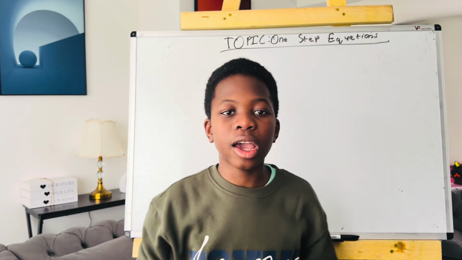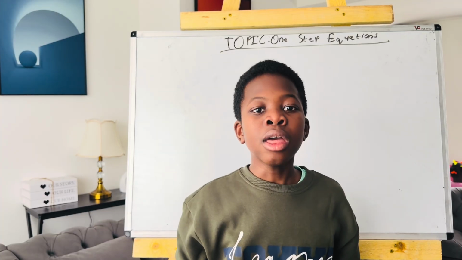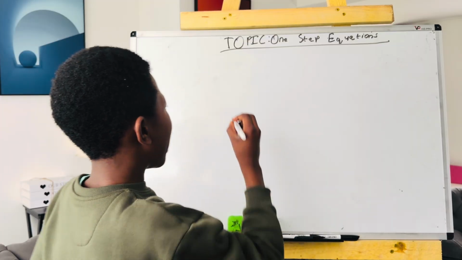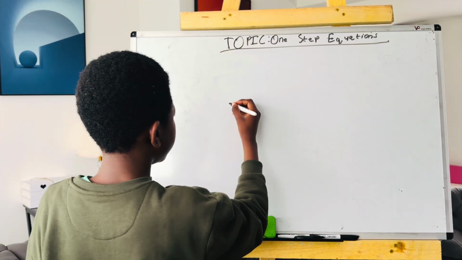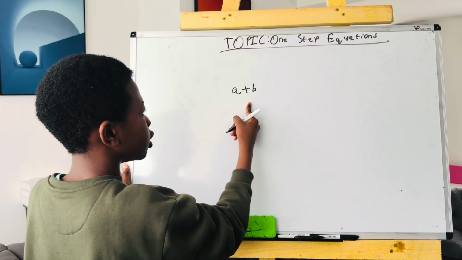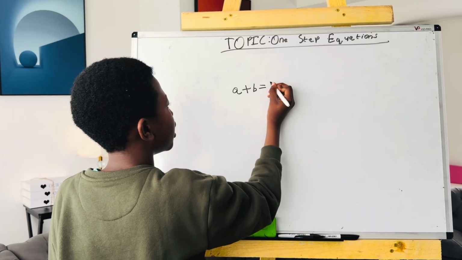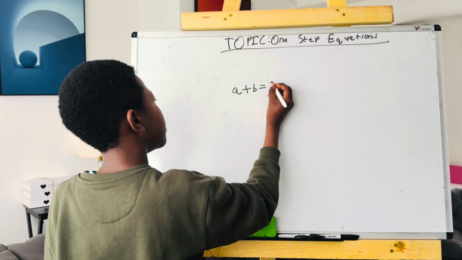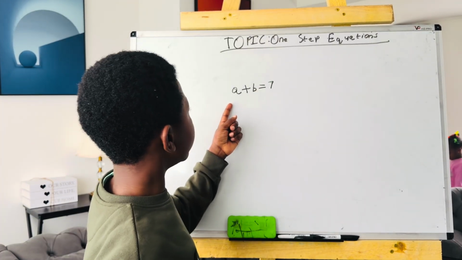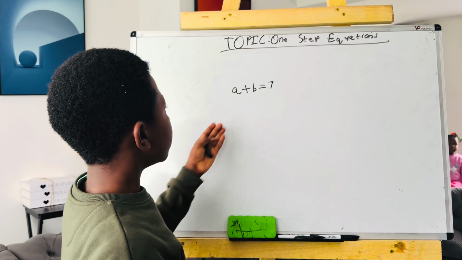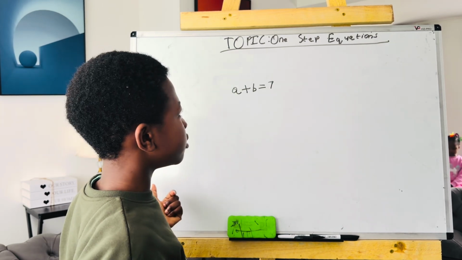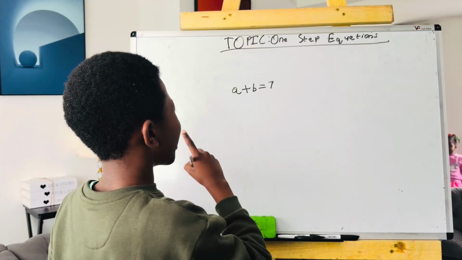One-step equations are equations with one step, and equations are an expression with an equals to. A plus B, that's an expression. But if you add an equals and put a number like 7, then you've made an equation. Because it has an equals to, that's how we differentiate an equation from an expression.